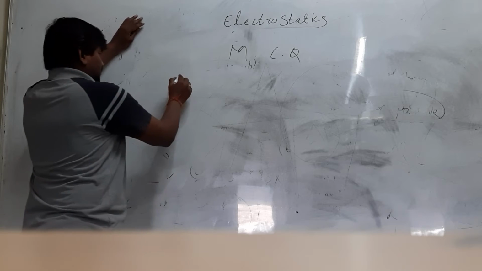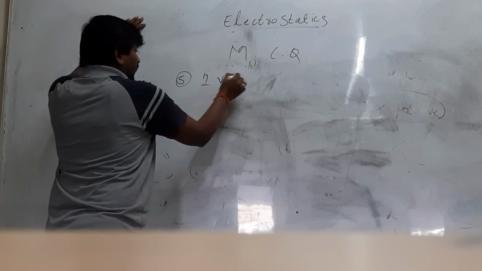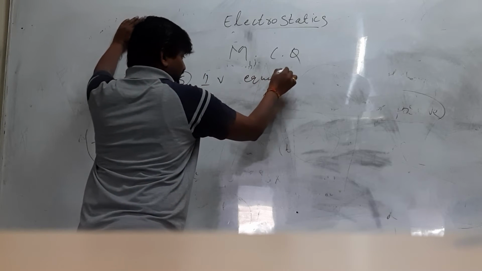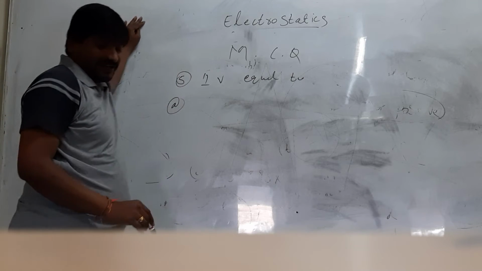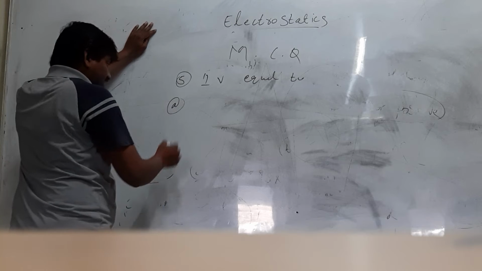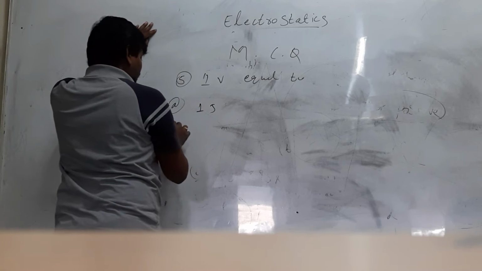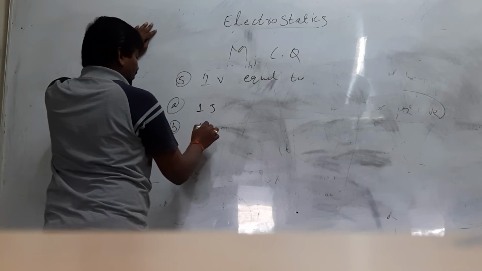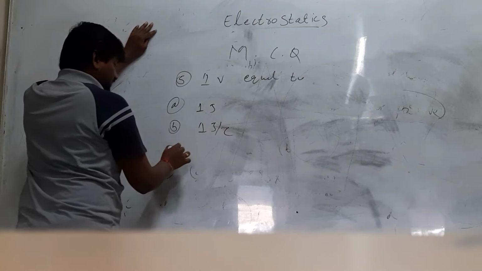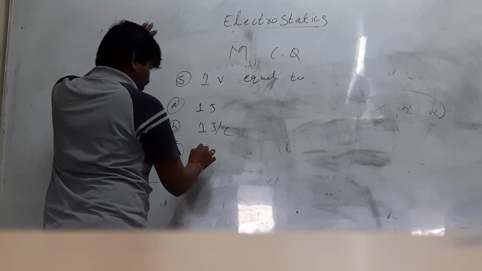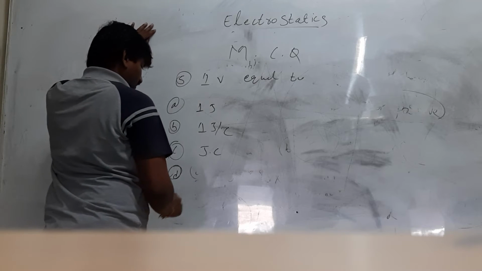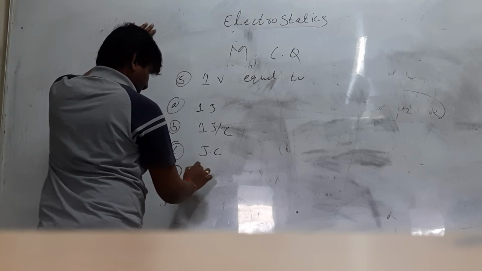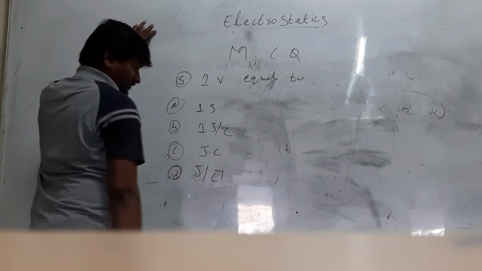It's a very simple question: 1 volt equals to. If you know the definition, we can answer it. The options: A, 1 joule; B, 1 joule per coulomb; C, joule into coulomb; and D, joule per coulomb inverse.